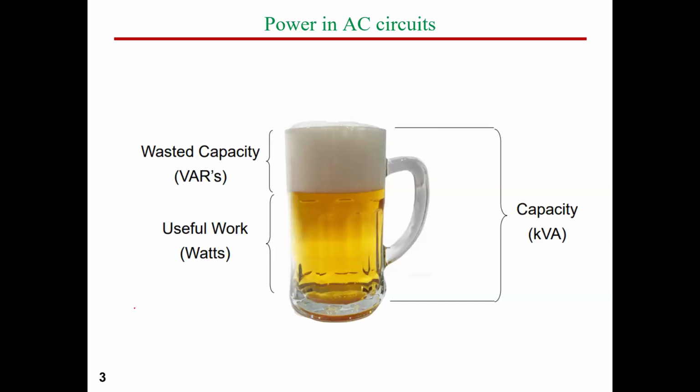And you know that energy equals power times time. So since the active power is measured in watts, we expect that the energy is watt seconds.